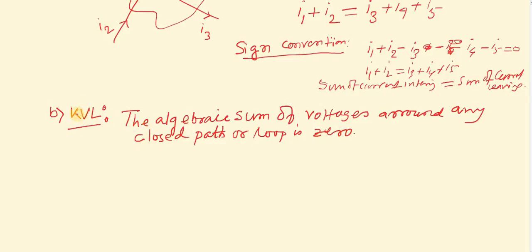This KVL, Kirchhoff voltage law, says that the algebraic sum of voltages around any closed path or loop is 0.